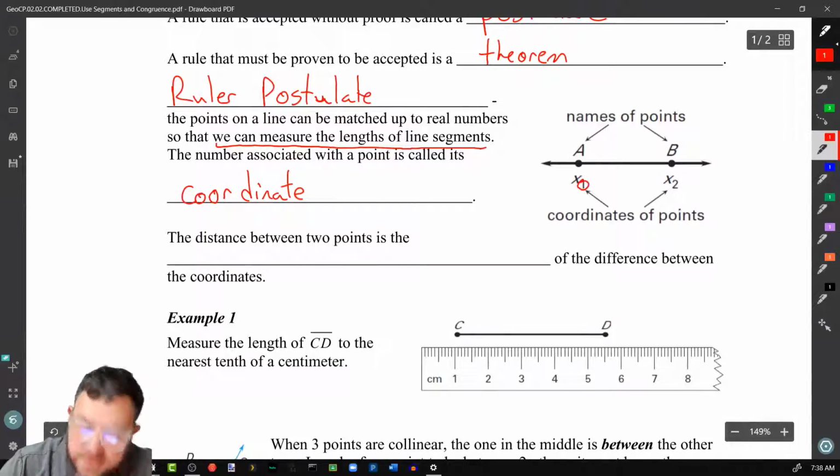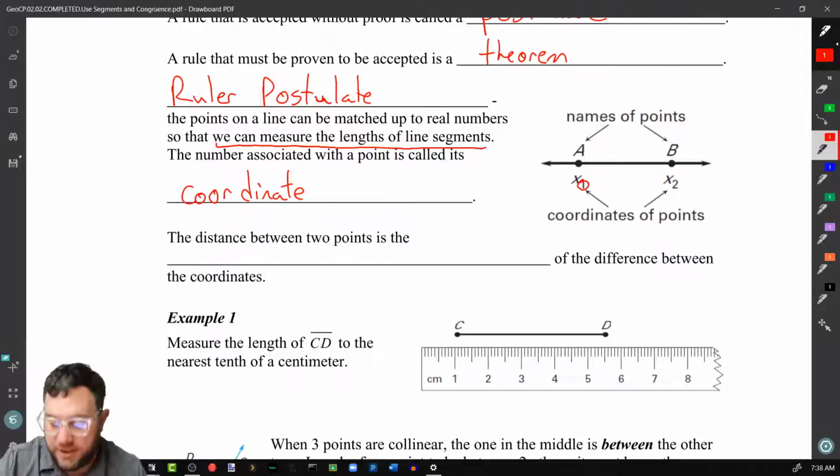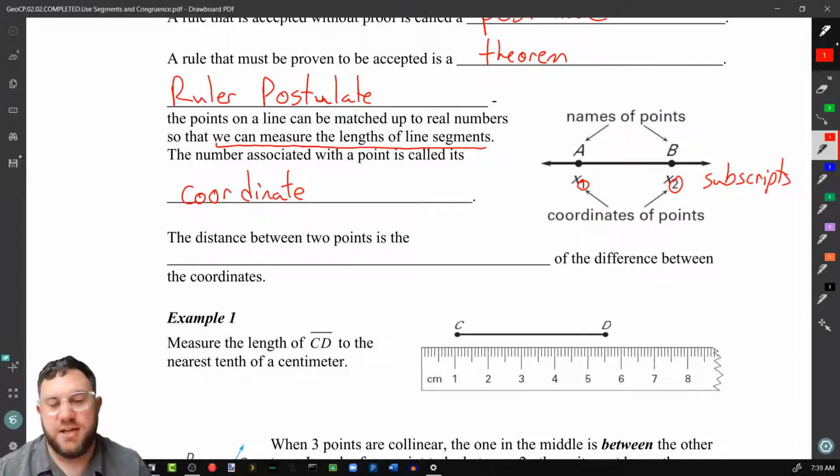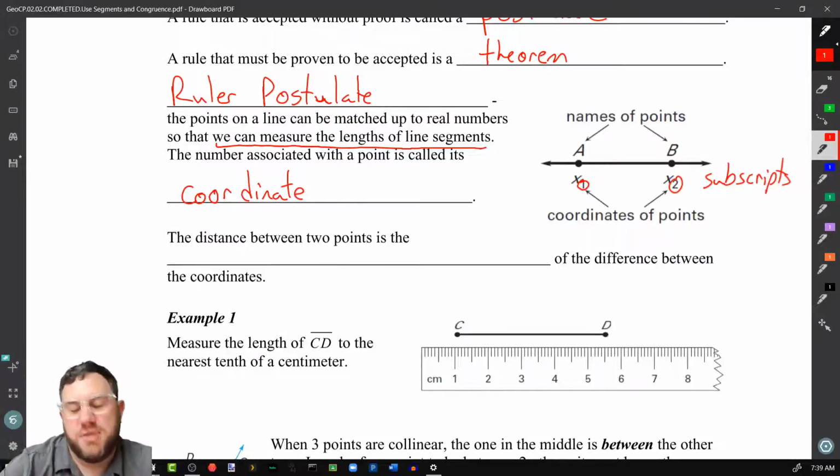Remember this little small 1 and this little small 2? Those are called subscripts. That just means the first x and the second x. They are different than exponents, which are when the numbers are up high. So when the numbers are down low, it's just telling us which x we're looking at. The names of those points are A and B.